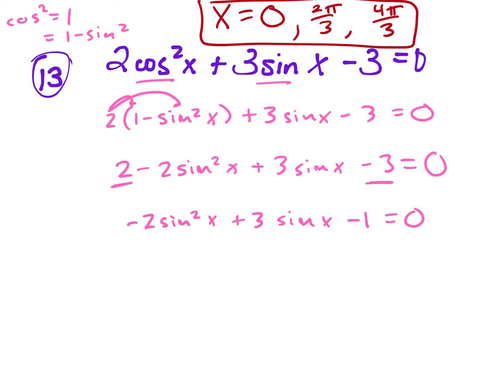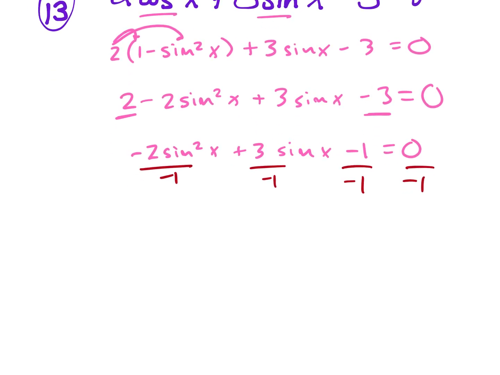And we factor. Before I factor, I don't like it when my squared term is negative. So I'm going to divide everything by -1. So just change the sign of everything. So essentially I'm pulling out a -1, but 0 divided by -1 is still 0. So I can divide everything by -1.